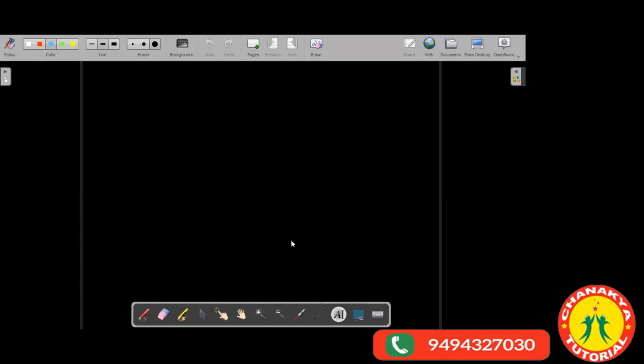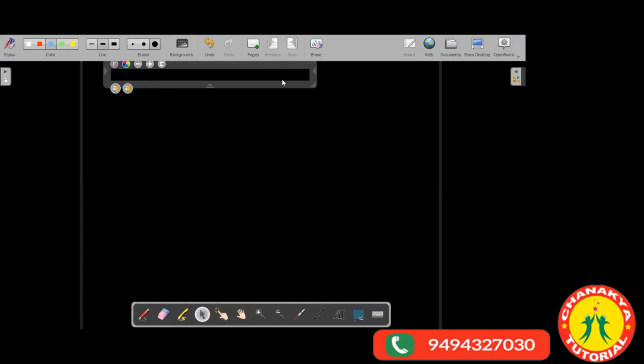First we study the variation of position or displacement with time. So how does position vary with time? Let us see.